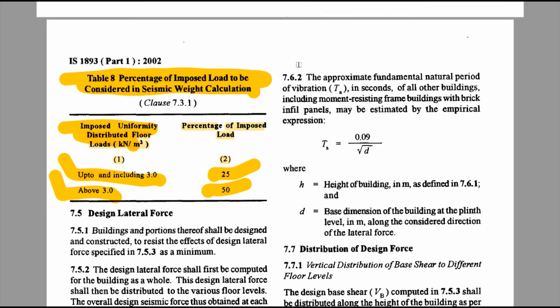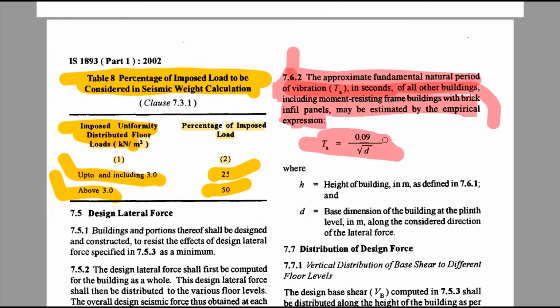The approximate fundamental natural period of vibration Ta, in seconds, of all other buildings, including moment resisting frame buildings with brick infill panels, may be estimated by an empirical expression. So Ta is equal to 0.09h divided by the square root of d, where h is the height of the building and d is the base dimension of the building at the plinth level in meters along the considered direction of the lateral force.